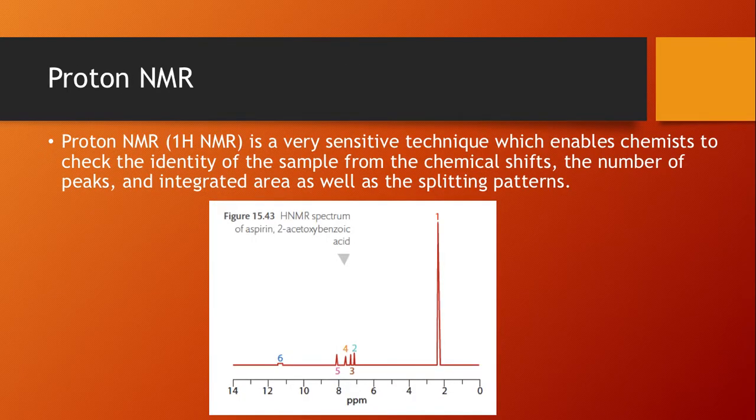We also talked quite a bit about proton NMR. It's the technique that enables chemists to identify a sample through its chemical shifts, the number of peaks, as well as looking at the area under the curve and the splitting patterns.